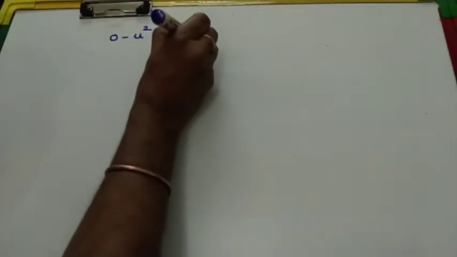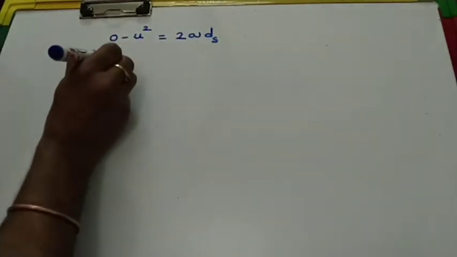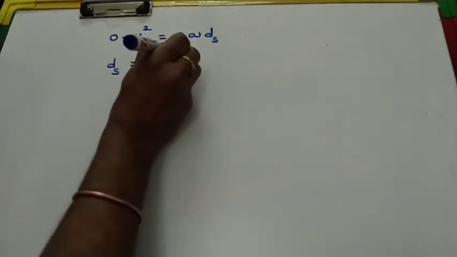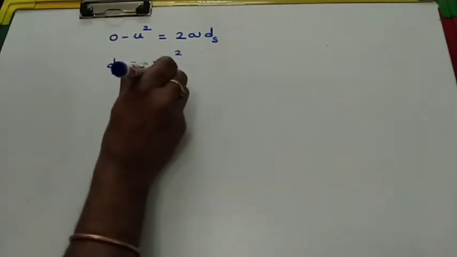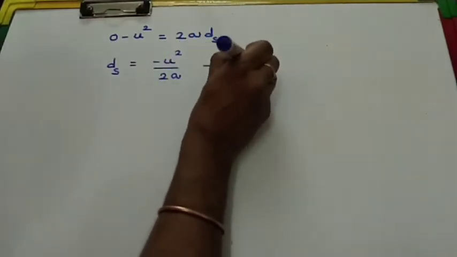Therefore, 0 minus u square is equal to 2a ds. Therefore, ds is equal to minus u square by 2a. This is equation number 1.